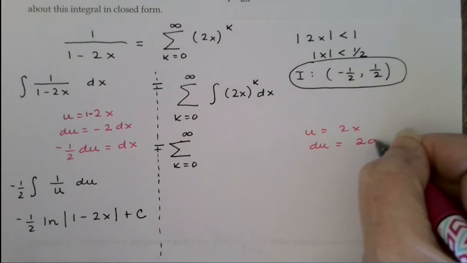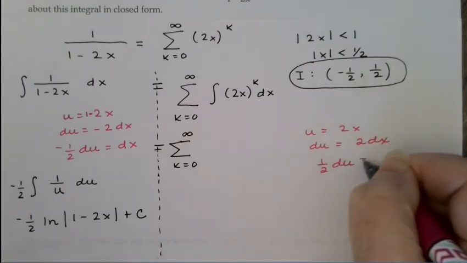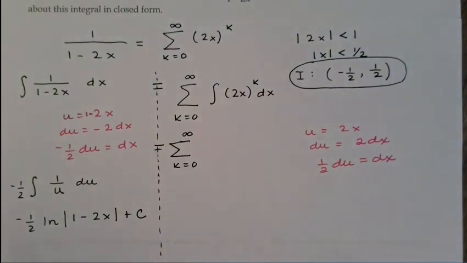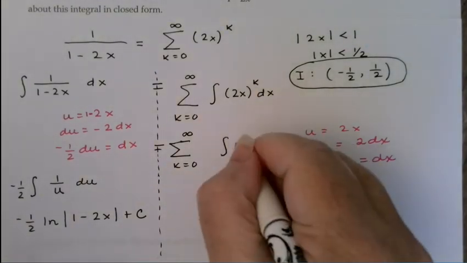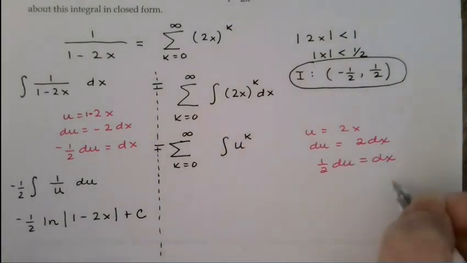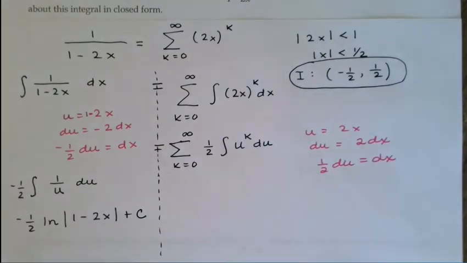So du would be 2 dx, and 1/2 du would equal dx. So my integral becomes u to the k, and then the dx is going to get replaced with a 1/2 du.